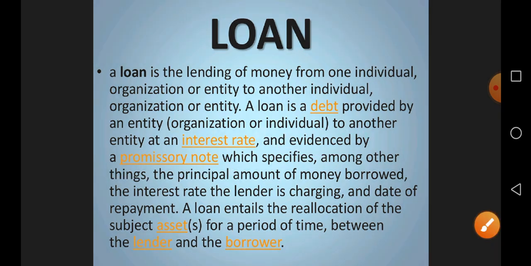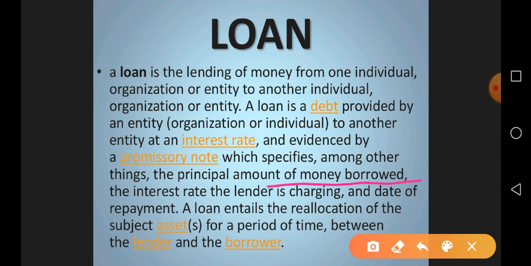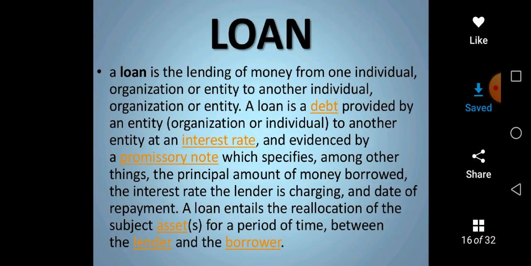Now how will the bank provide you the loan? The principal amount is whatever money you want to borrow, and that money is lent by the bank at a proper rate of interest and lending charges, with a date of repayment, that is, how and on which day you will repay the amount.